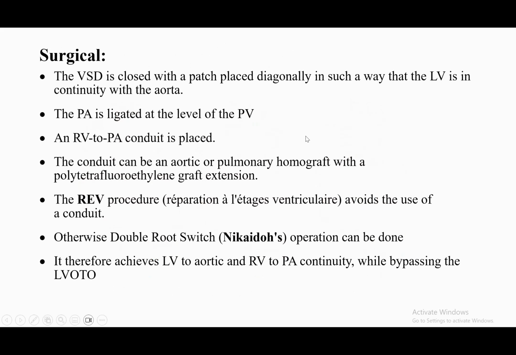So the REV procedure is used to avoid the use of a conduit. Otherwise, a double root switch, the Nikaidoh operation, can be done. It therefore achieves LV to aorta and RV to pulmonary artery continuity while bypassing the LVOT.